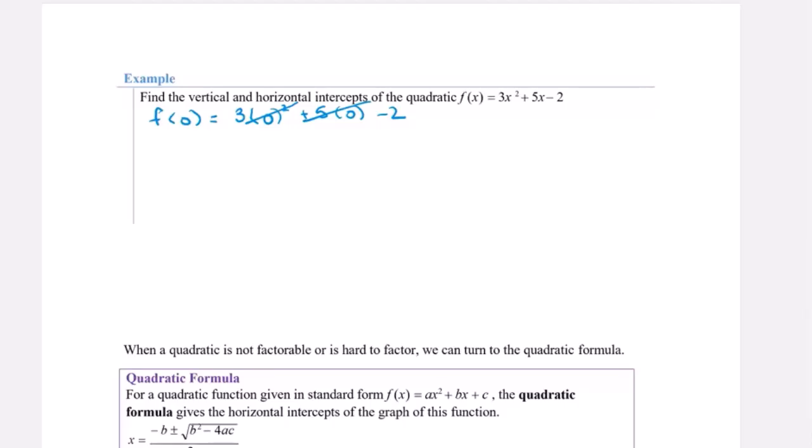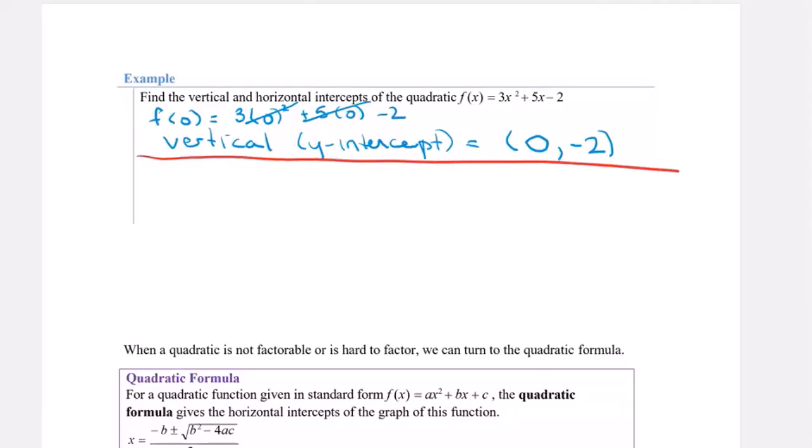So we know that our vertical, and you can call it y-intercept, our vertical or our y-intercept is equal to, well, what did we do? We plugged in 0 for x, and we got -2. So it's that simple for vertical. Horizontal, a little less simple.